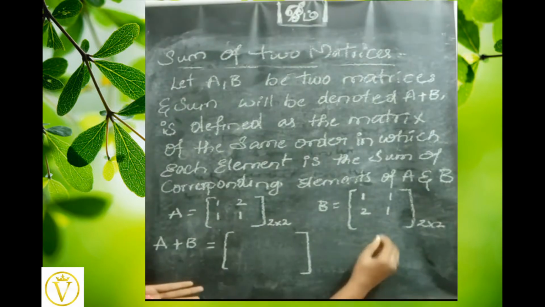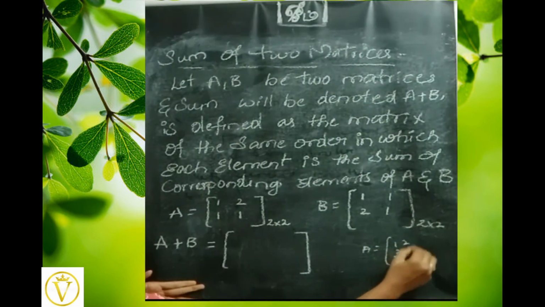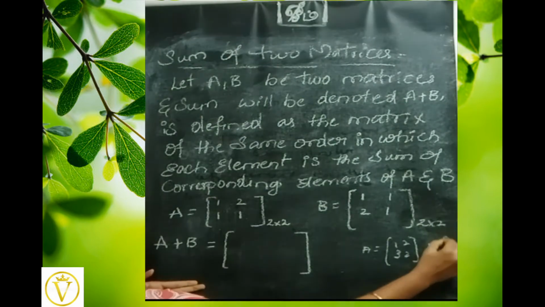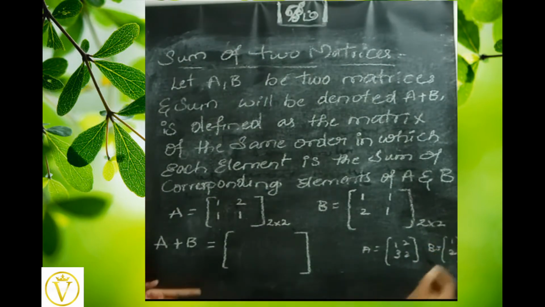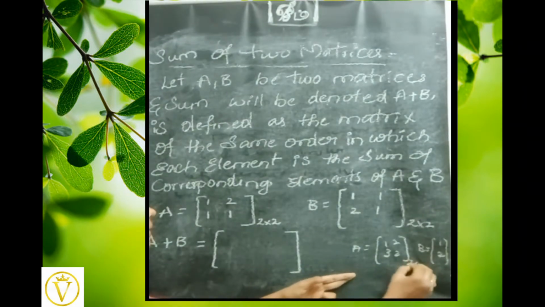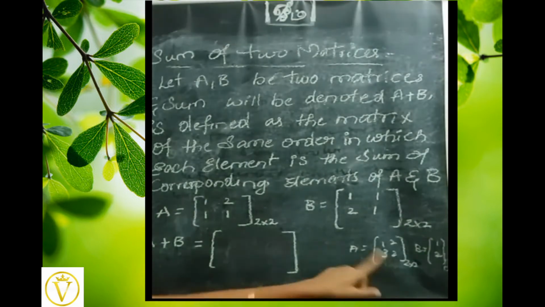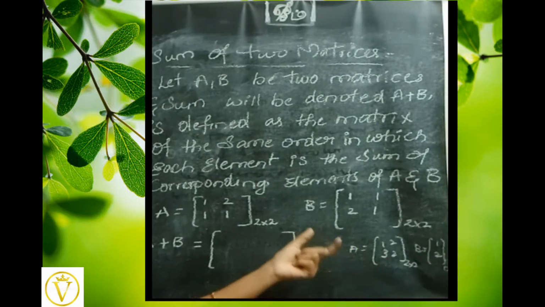For example, if A is 1, 2, 3, 2 and B is 1, 2, the order is 2 by 2.